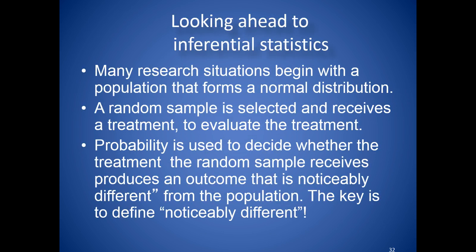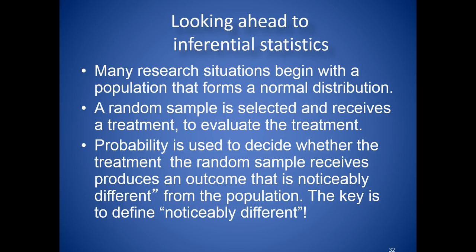How about probability and samples? When we look ahead to inferential statistics, many research questions begin with a population that forms a normal distribution, just like what we talked about with IQ. A random sample is selected and receives a treatment, and then we try to assess the treatment effect and whether it's statistically significant.